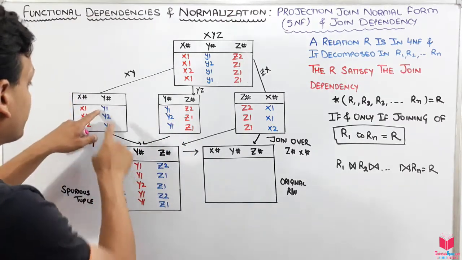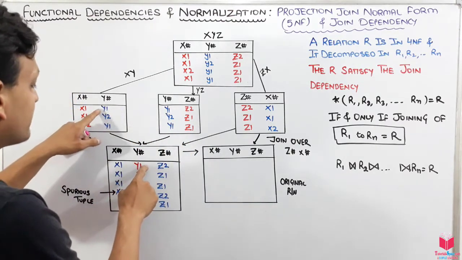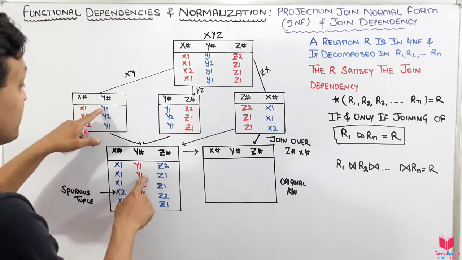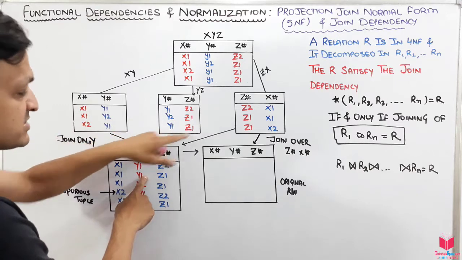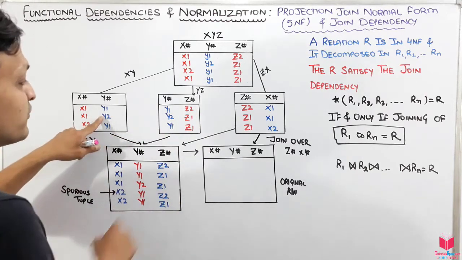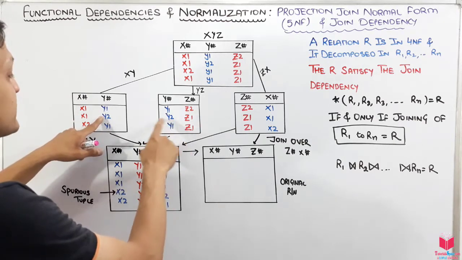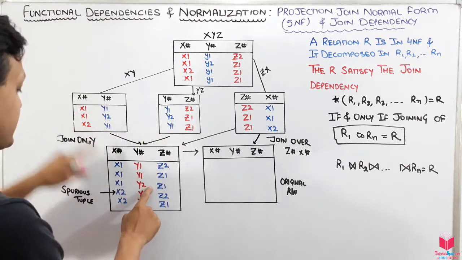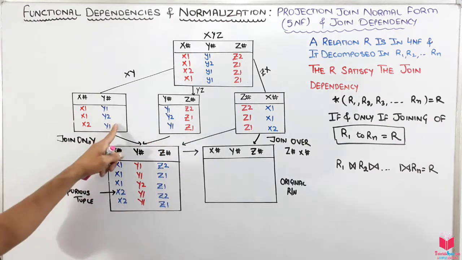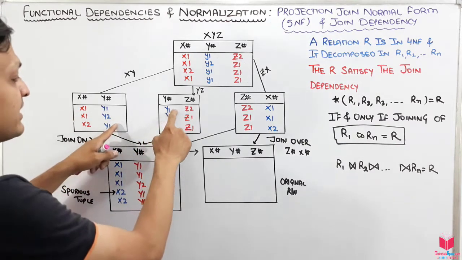So first of all, y1 with x1, corresponding value is z2. Then again y1 with x1 and the corresponding value is z1. Then we will consider y2. Where is y2? Here. It is one time, so y2, then x1 and corresponding z1. Now after that we have y1 again, so we will match it, y1 here.